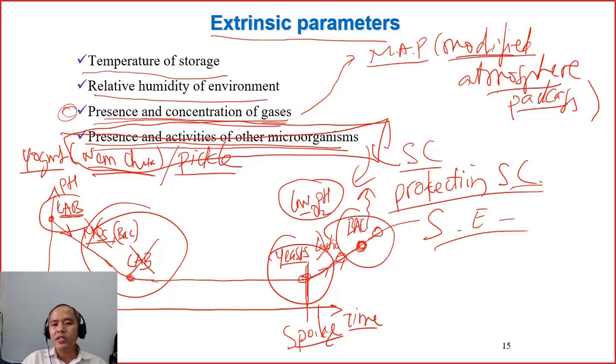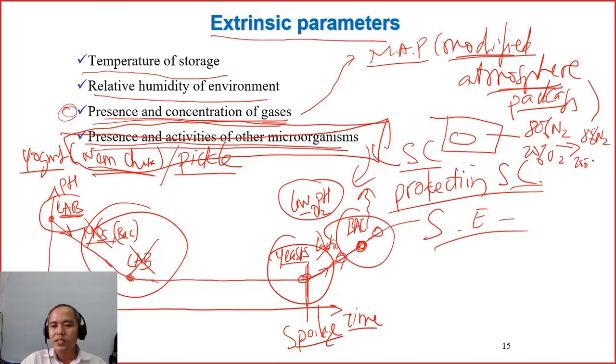In this packaging technology, the food is packed in a package and they change the condition. Normally, the air contains 80% nitrogen, 20% oxygen, but now they change it to 80% nitrogen and 20% CO2. Instead of oxygen, they remove oxygen and replace it with CO2.